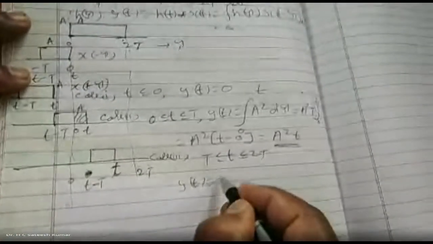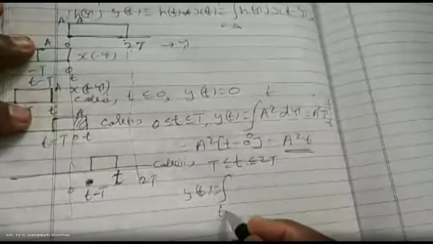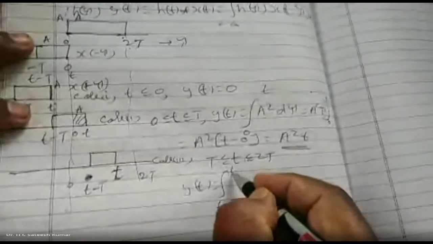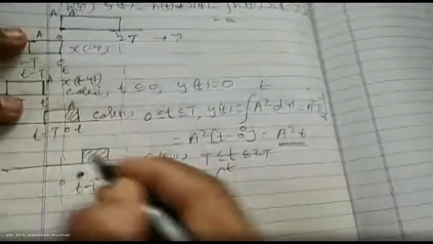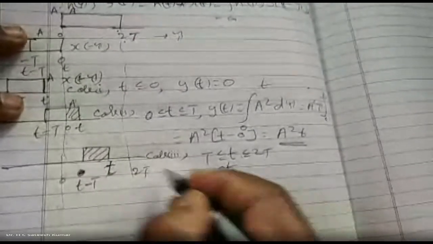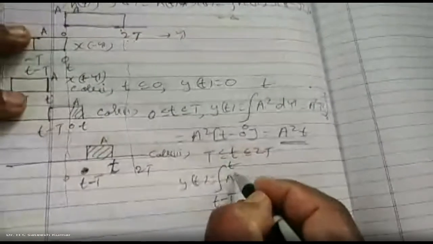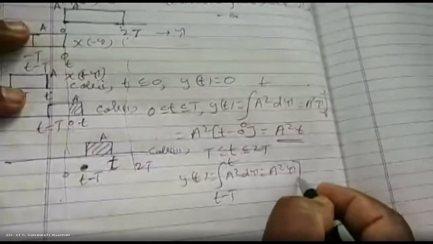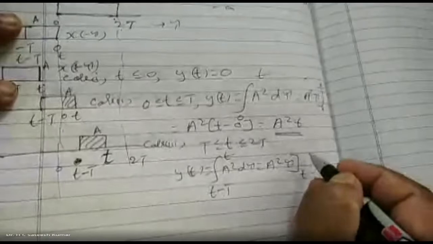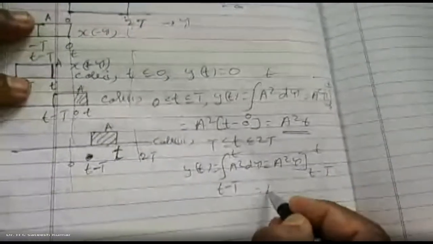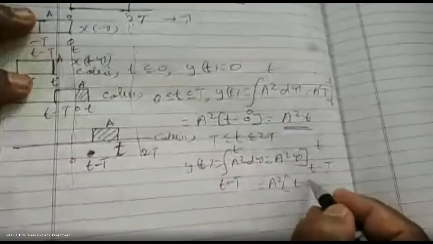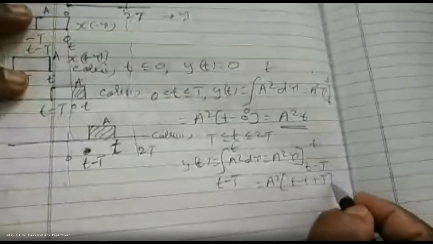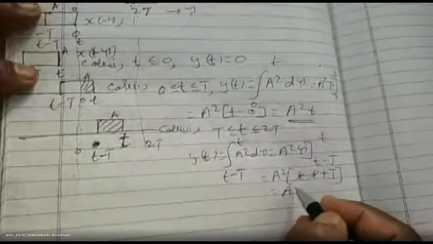y of t is equal to integration from t minus T to t, complete overlapping, A into A square d tau, which is equal to A square into tau between the limits t minus T to t, which is A square into t minus t plus T. It's constant only.